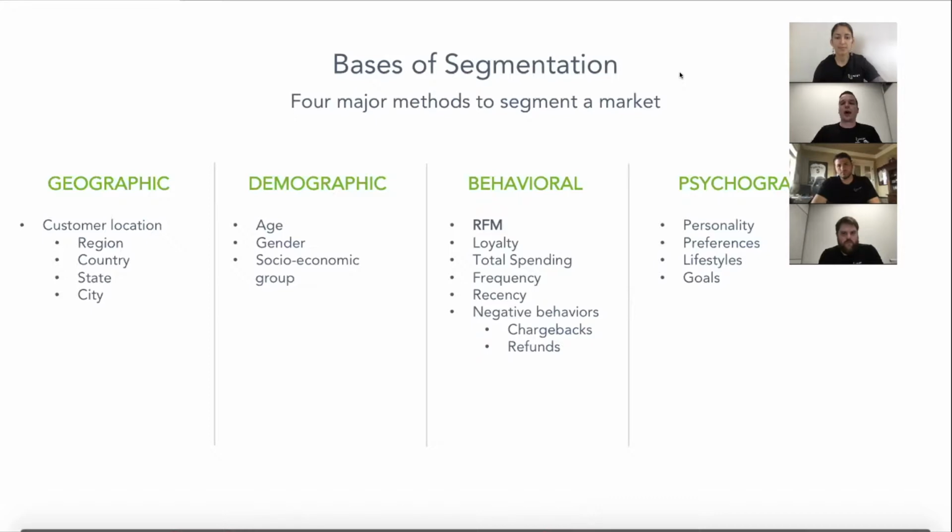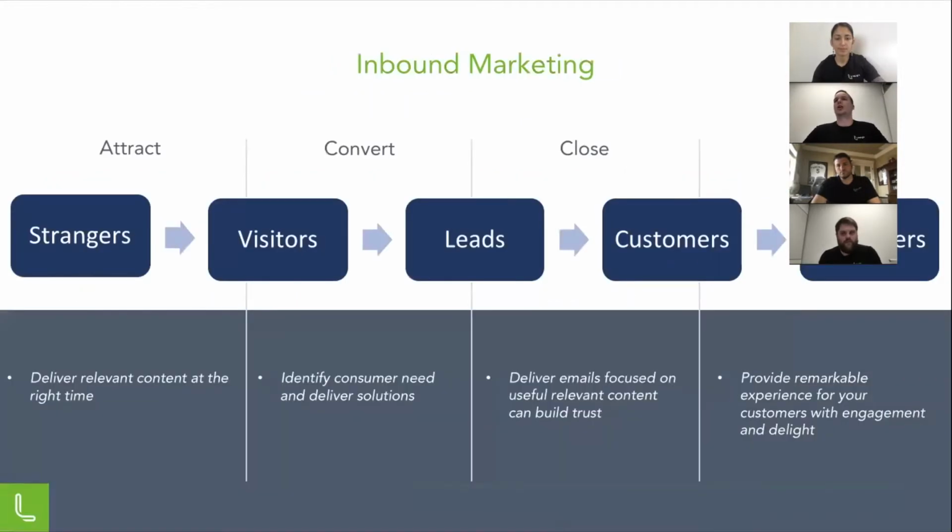I want to know, how recently have you purchased from me? How frequently do you purchase? And how much money do you spend with me? And I can then target those people. If we go on to the next slide here, I'll show you the stages of somebody purchasing from you, and we'll focus on the close and delight stage. When you are targeting prospects, you're targeting them with content that is specific to get them to convert to a sale.